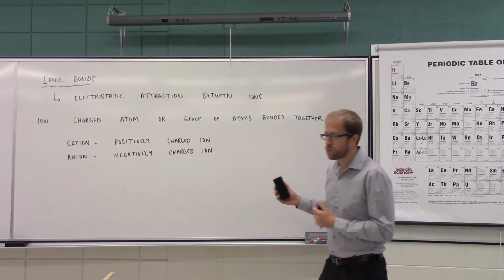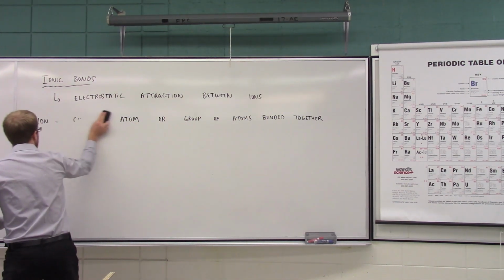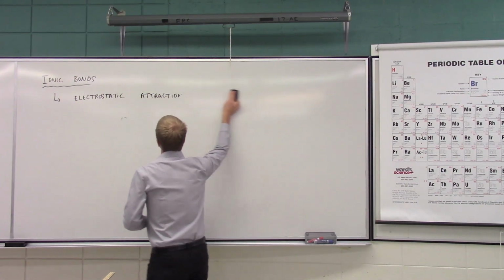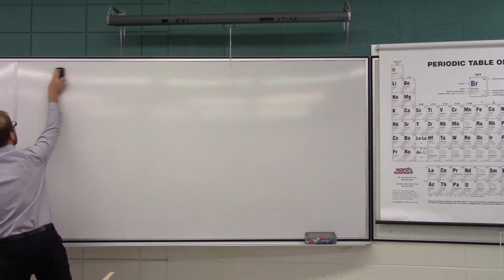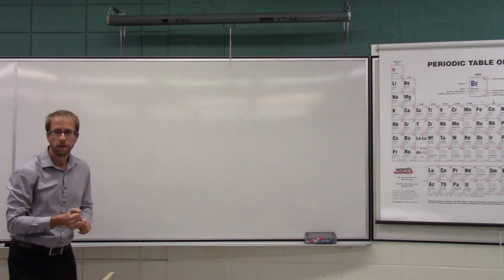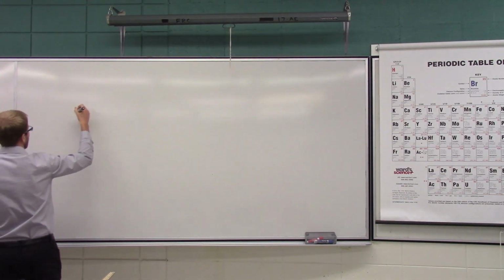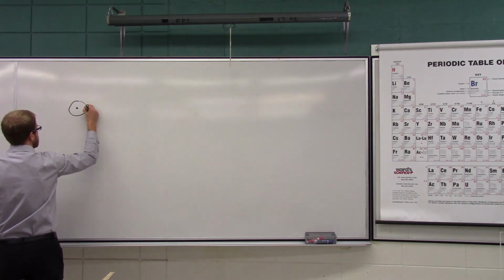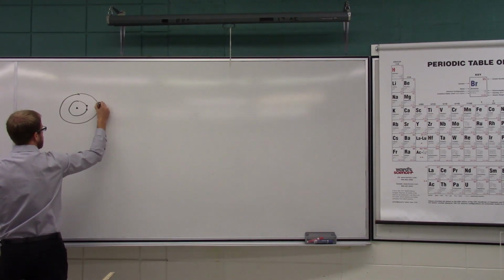Alright, so if I were to draw out an atom of sodium, how many electrons does it have? So our neutral atom of sodium has how many electrons in it? 11. Perfect, it has 11.